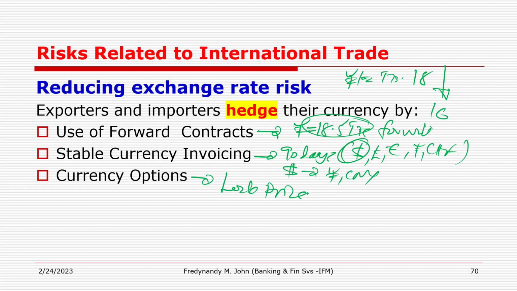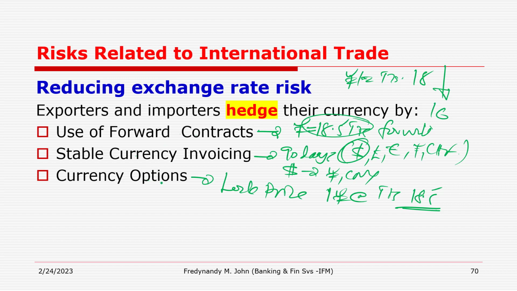Okay, you lock the price that you will use to buy or to sell currency in the future. So you can agree that in the future you will sell 1 Japanese yen at 18.5 Tanzanian shillings. So you lock the price. But what is the difference between the currency option and the forward contract?